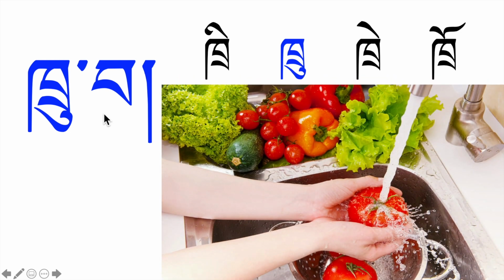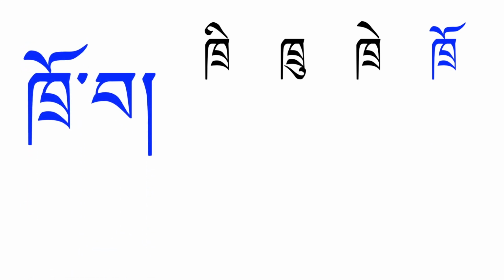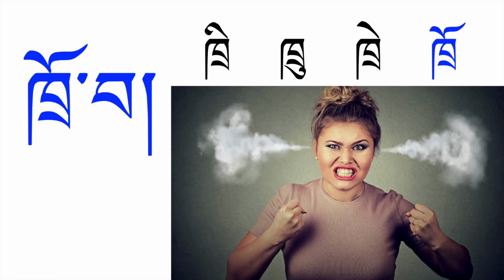The meaning, as you can see here, is to wash. Ka rata ta naru to, wa: towa. Towa means, as you can see here, smoke coming out of the ears. Angry. Towa.